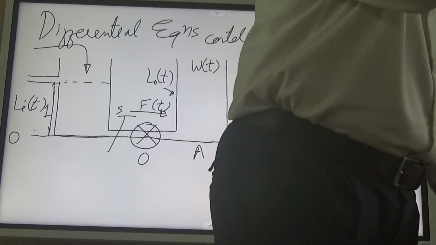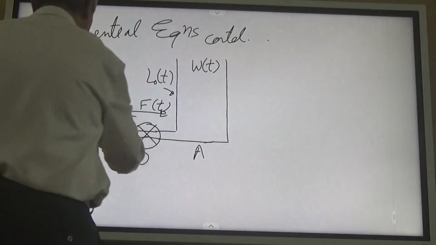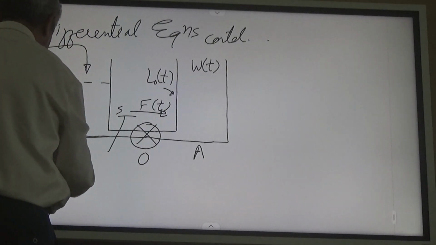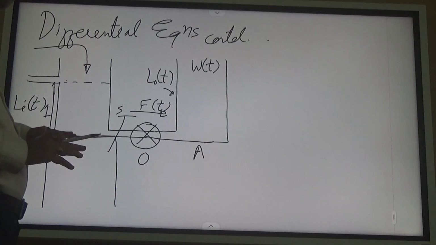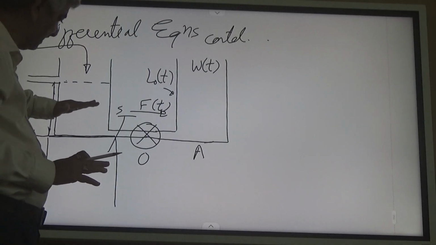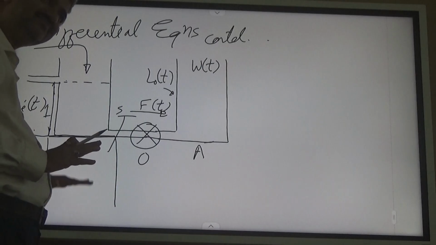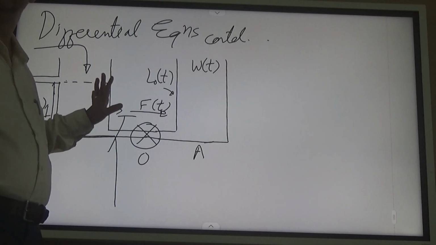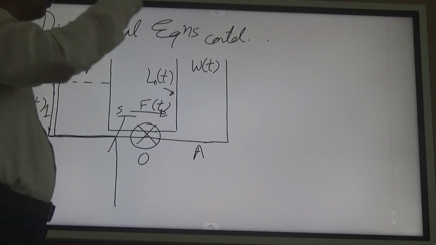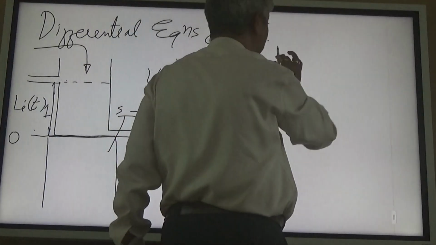Is the idea clear? So this tank was residing on a table which was fixed. Now I can bring it down, I can move it up. Is the idea clear?